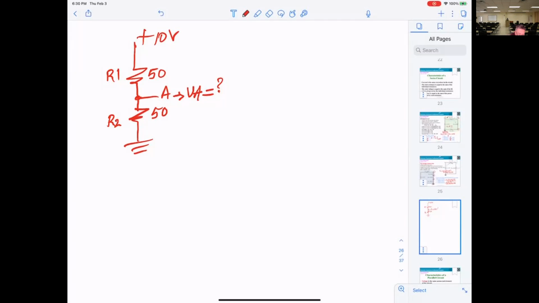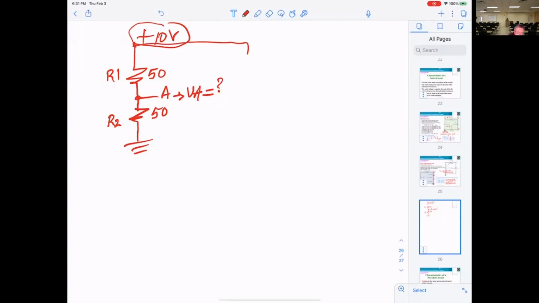Now, I'm telling you, VA: you see that the power positive connects at this point, where is the negative? Where is the negative for the 10 volt? Ground. That's what you need to know. When they put only the positive here, you must understand the negative of the power supply connects to ground.